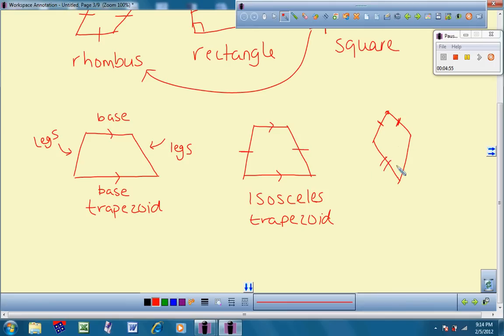So this side and this side, which I am going to highlight in blue, are consecutive sides. And the other two, which are going to be highlighted in purple, would be considered consecutive sides because they form the respective vertices.